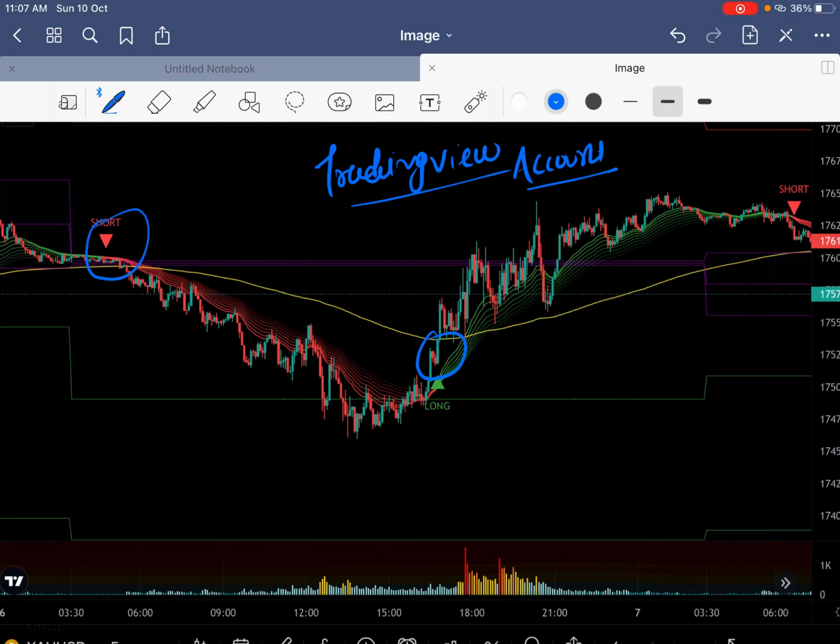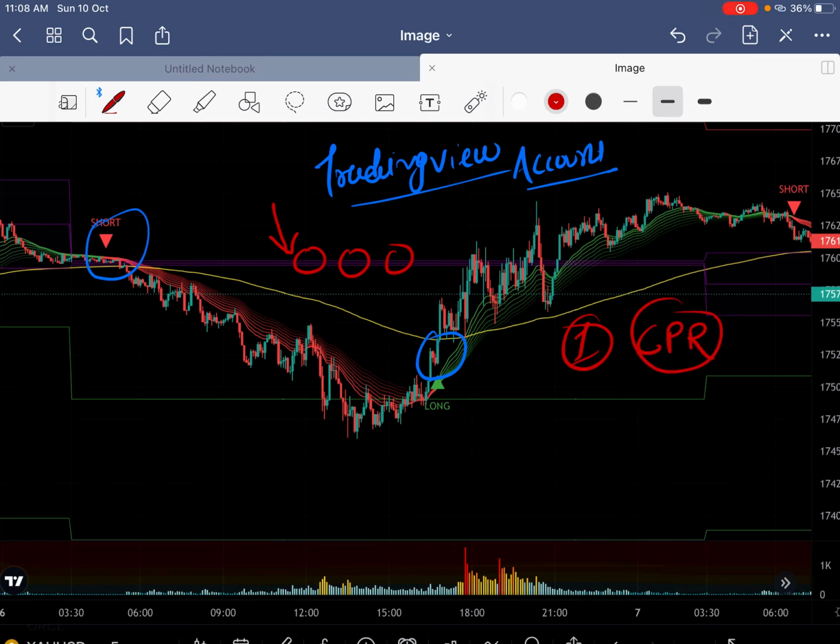So what are the different indicators that I'm going to use? The first one is these lines, and the name of this indicator is CPR, the central pivot range indicator.